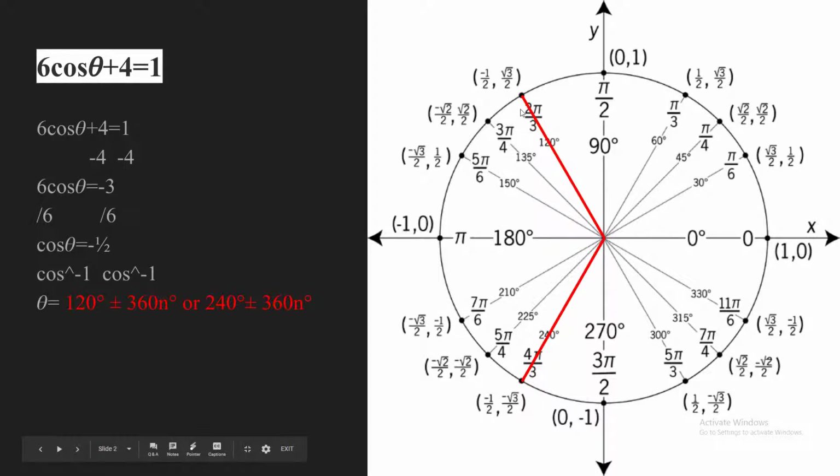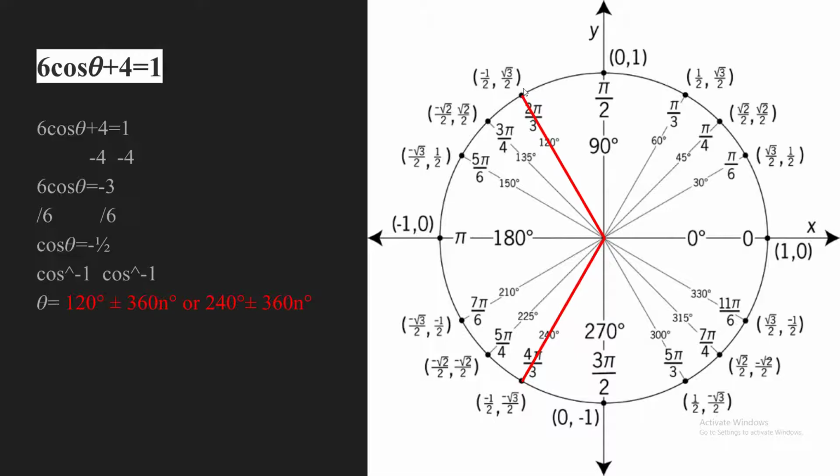So pretty much what we need to do is find the reflection of that 120 degrees over the x-axis. Because cosine, aka the x value in your unit circle, is always going to be consistent over the x-axis. So whatever point you're given, you either find a reference angle.